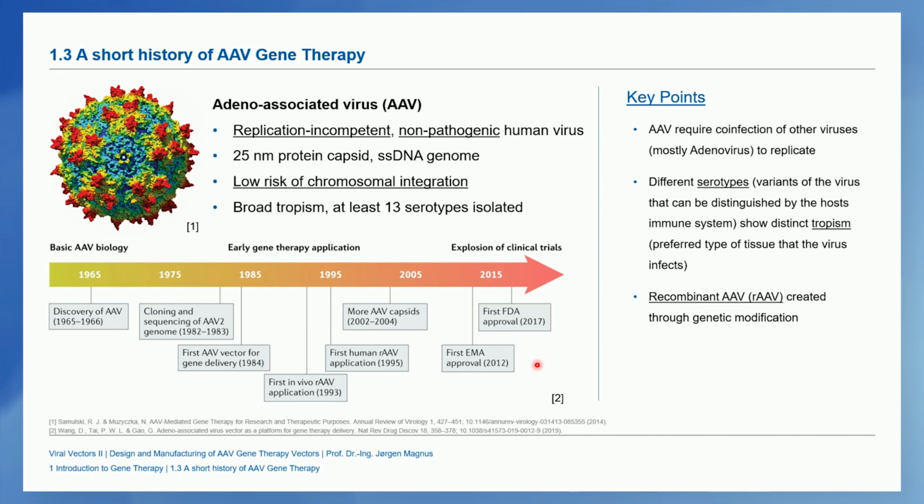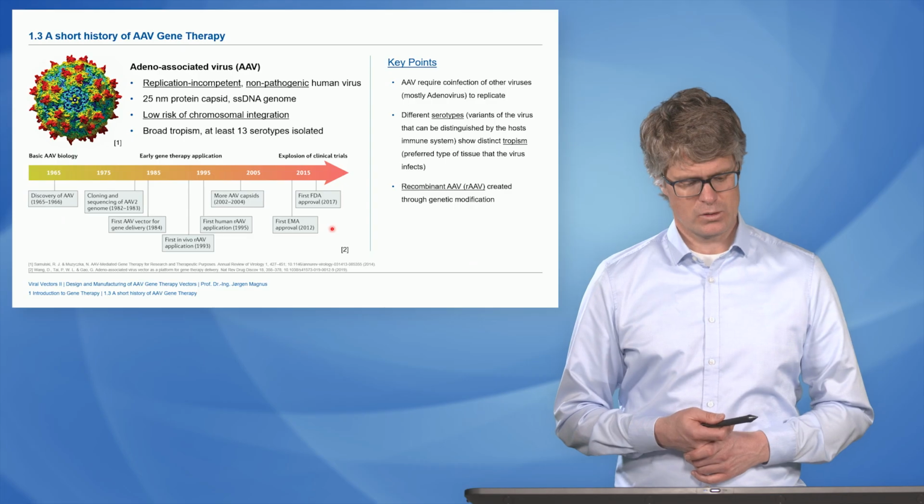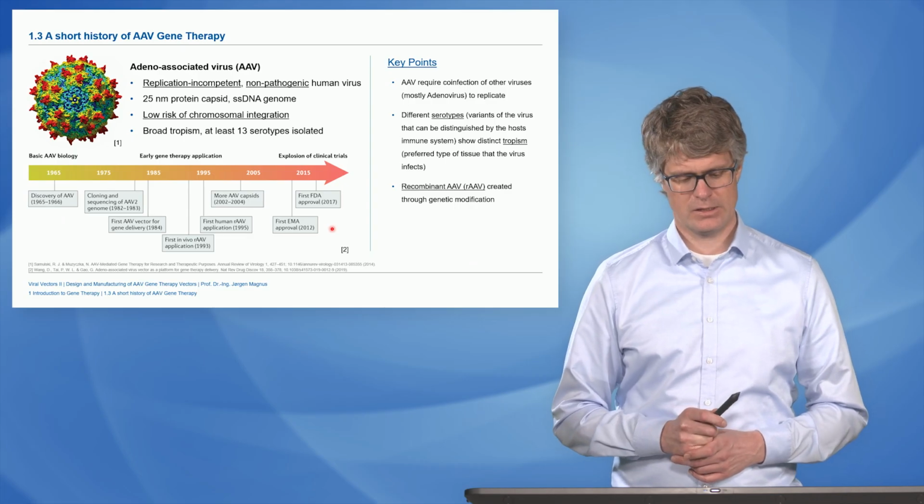And they can only replicate if they get these other functions, these other enzymes from the adenovirus. There are also other types of virus that carry these helper functions, but most typically it's the adenovirus that is associated here. So they are non-pathogenic.